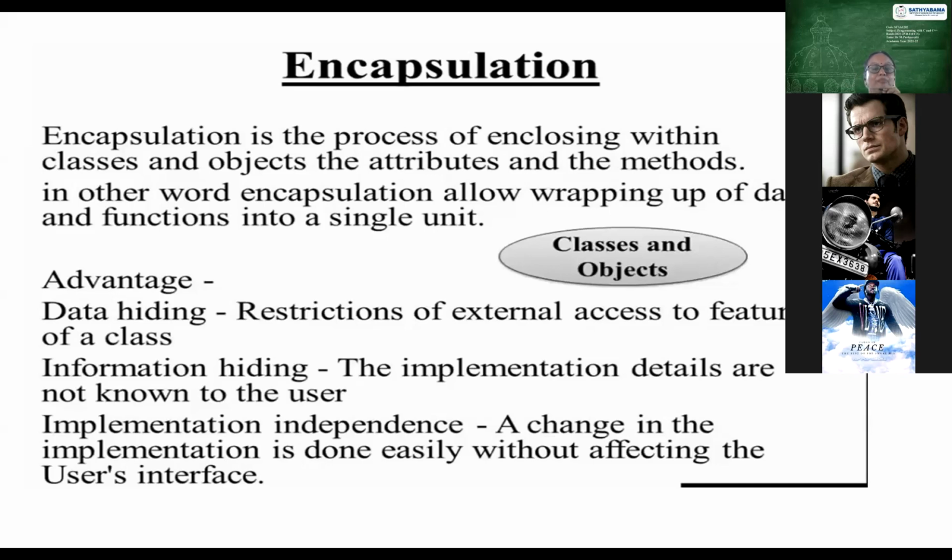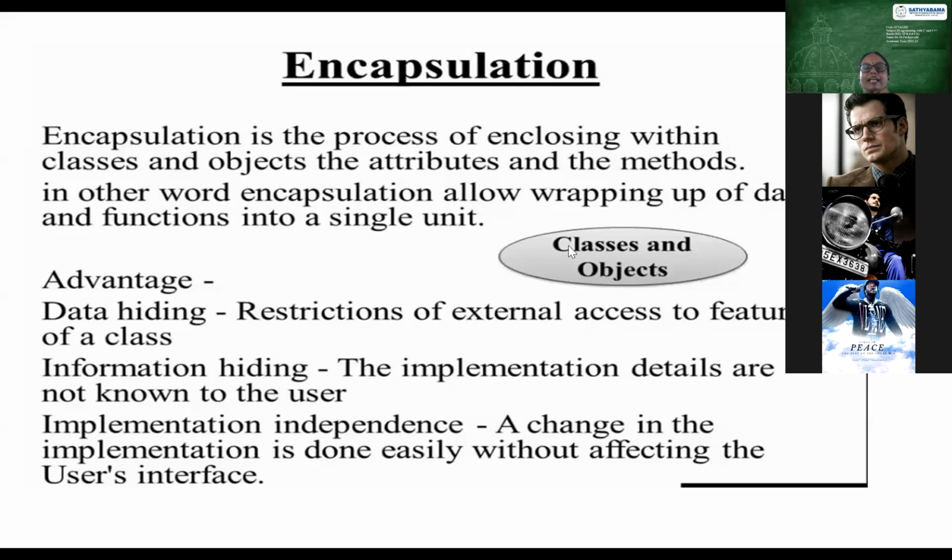Information hiding: the implementation details are not known to the user. You are using an LMS, and you should not know what the coding is. If you know all the details, you could use the staff login also. As a user, you can use the LMS, but the implementation details will be hidden from you. That is nothing but information hiding.